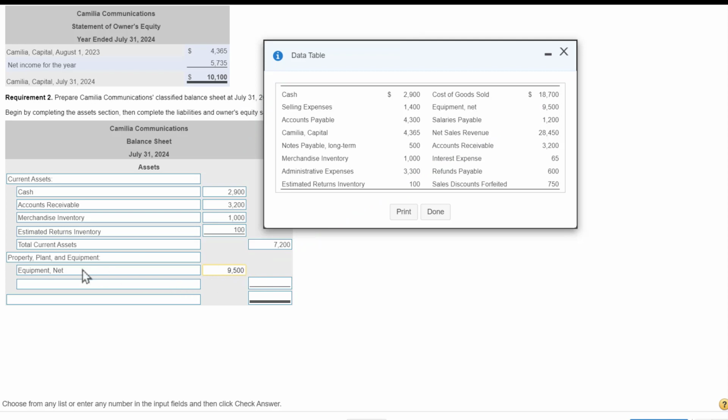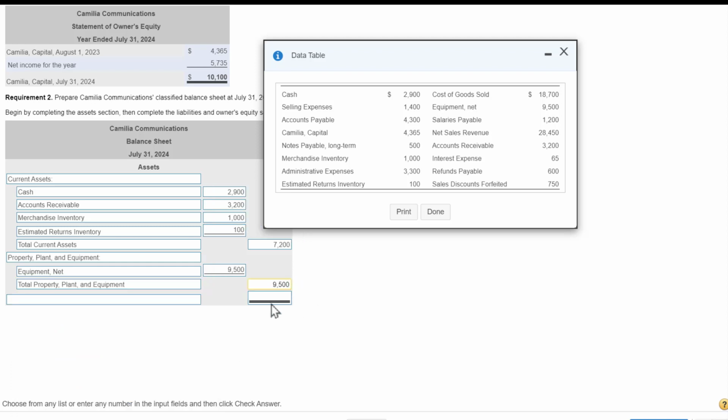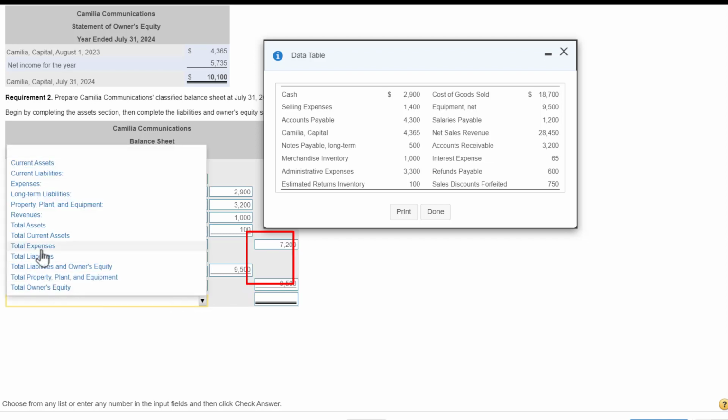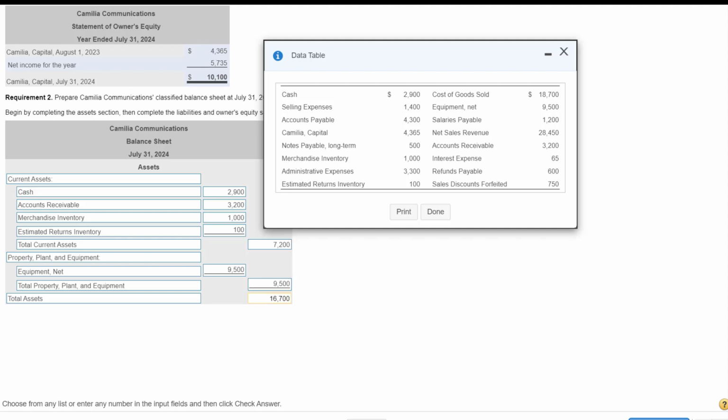I notice there's only one here, so we're just going to have total property, plant, and equipment of $9,500. Then we take 7,200 plus 9,500, which gives us total assets of 16,700. Check my answer.